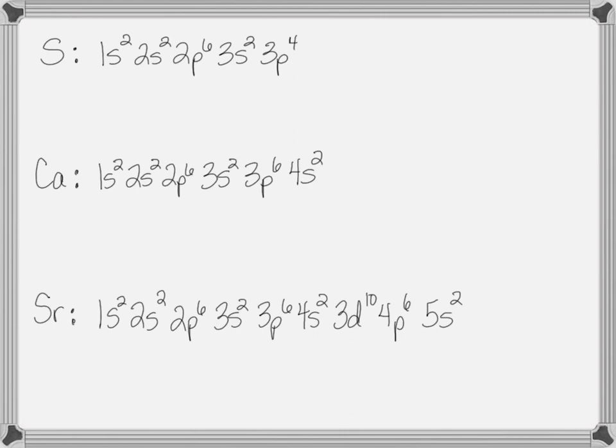Neon. I'm drawing up here, that's neon right there: 1s2, 2s2, 2p6. So what you could write for sulfur, in the condensed or noble gas version, is neon 3s2, 3p4. That's not real short for sulfur, but it's going to help us out on strontium a lot.